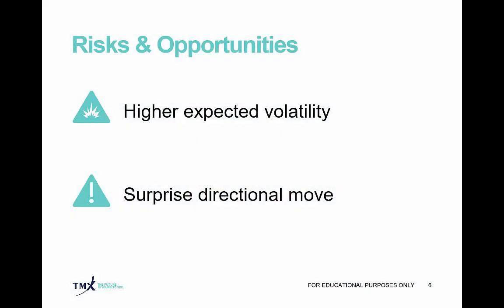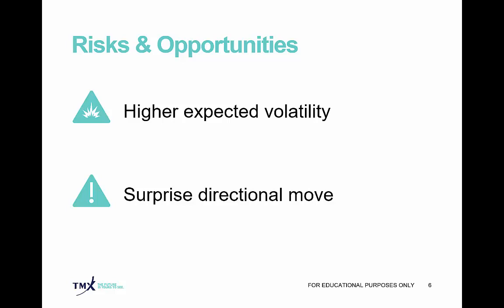Now, one of the interesting considerations around trading an earnings report is that there's typically higher than expected volatility. What this simply means is that a stock will generally move, not always, but quite often, much more than it typically would under normal trading conditions. That has to do with the fact that stocks typically have all known information priced in.